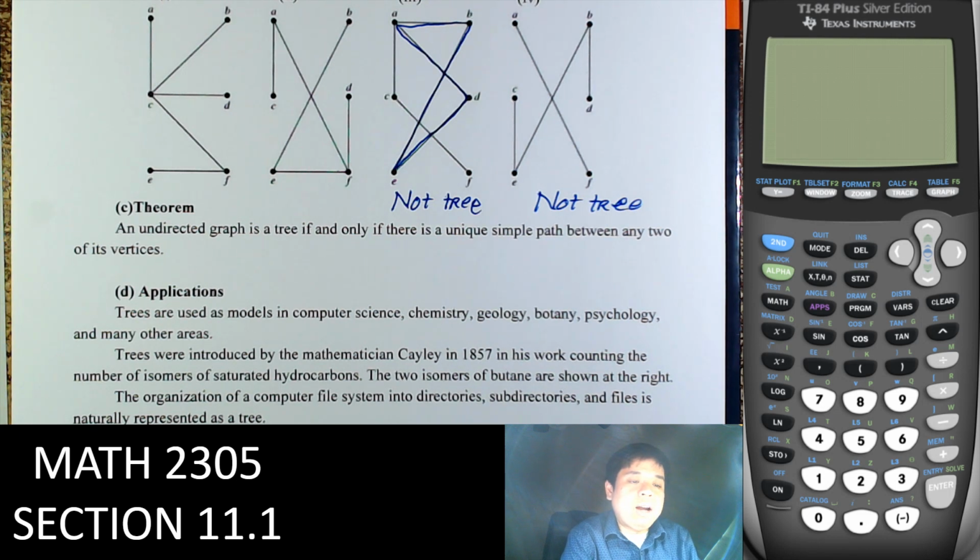An undirected graph is a tree if and only if there is a unique simple path between any two of its vertices.